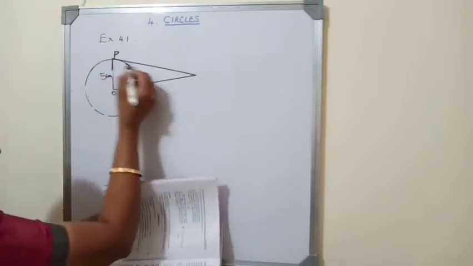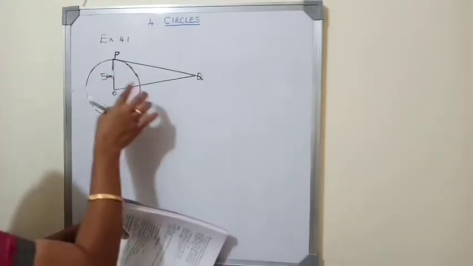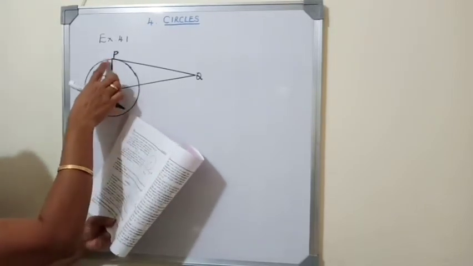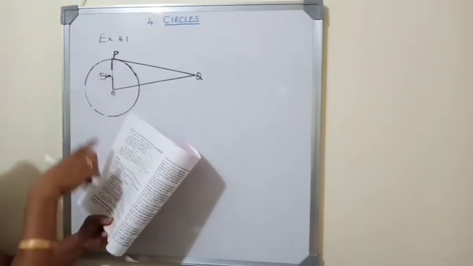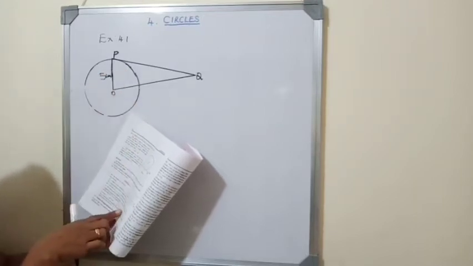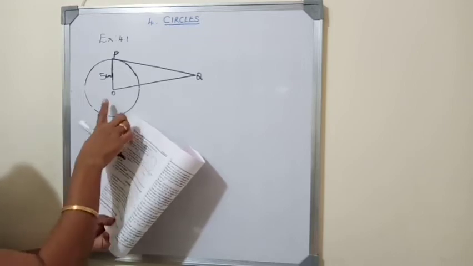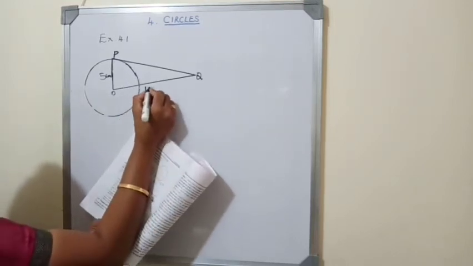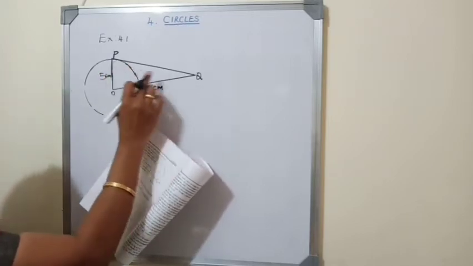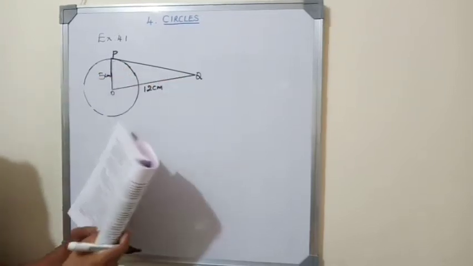Now where is tangent PQ? Here is the point Q. So at a point P of a circle. So P should be on the circle of radius 5 centimeter. Means a line through the center O at a point Q so that OQ equals 12 centimeter. This is 12 centimeter. We have to find the length PQ. What is the length of the tangent PQ?